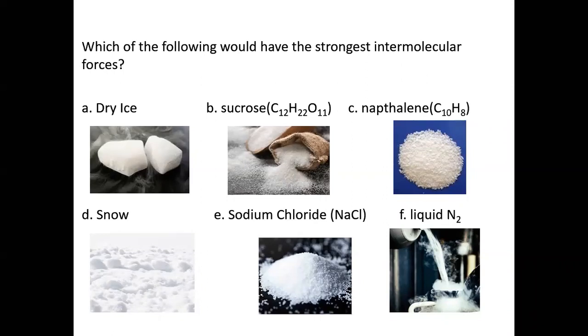As you can see, a variety of mixed answers. 20% say dry ice, 14% say sucrose, 21% say naphthalene, 16% say sodium chloride, 12% say liquid N2, and 15% say water. So now let me go through each one of these, and then we'll see which one is the correct answer.